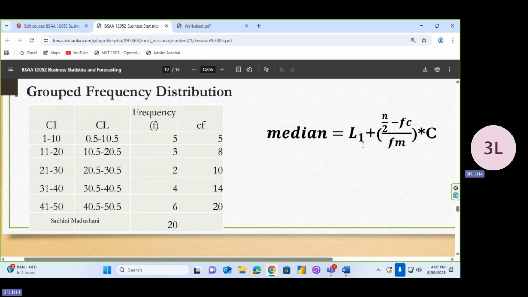Then here you need to ask for L1. L1 means the lower class boundary of the median class. Now you have found the median class. What is the median class in here? 21 to 30. What is the lower class boundary? 20.5. Why? 21 and 30 are the class limits. We studied those things last week. How do we convert class limits into class boundaries? Just 0.5.